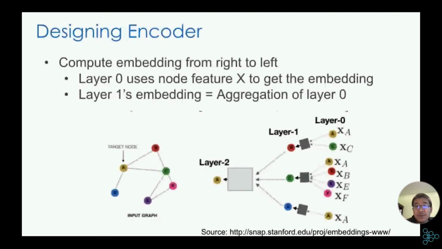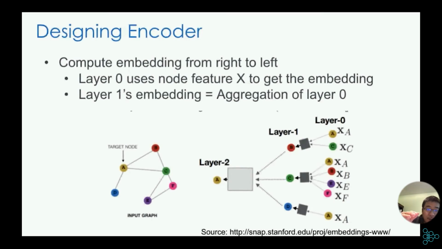With the computation graph for node A, the next question is how to compute the embedding for node A. We do this from right to left.